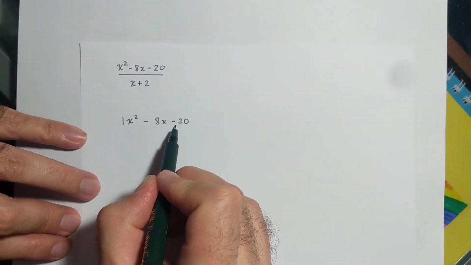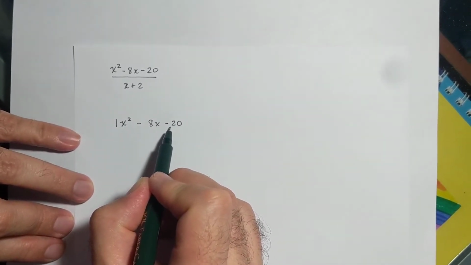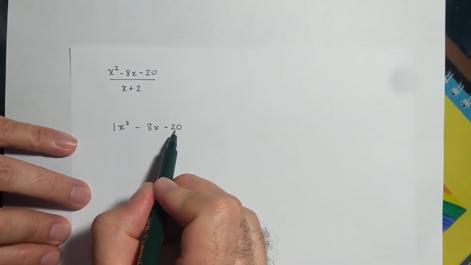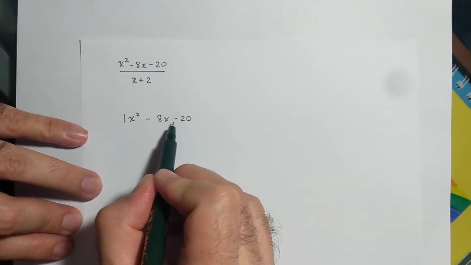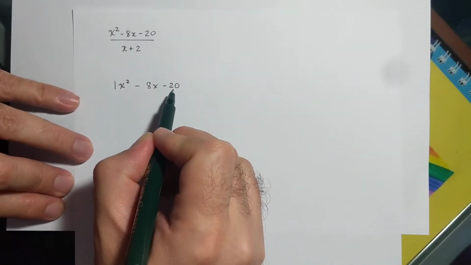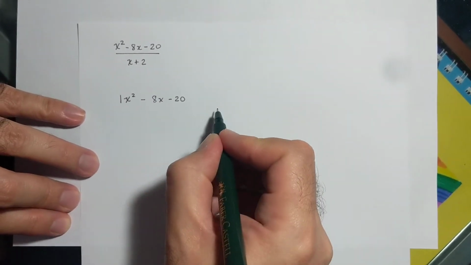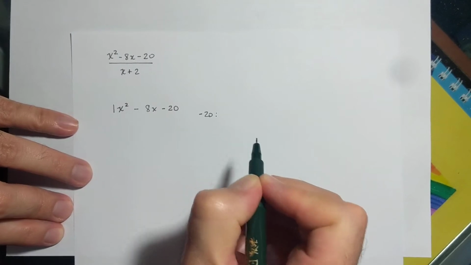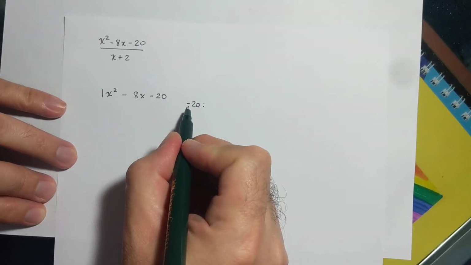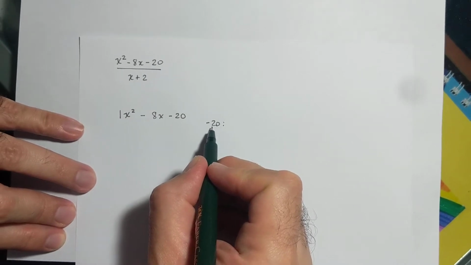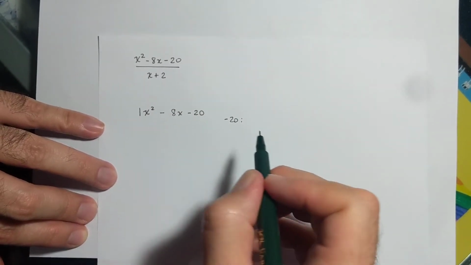So we look at two numbers that multiply to give that negative 20. But added, they have to be negative 8. Because it is negative 20, we need to have a number that is positive and a number that is negative.